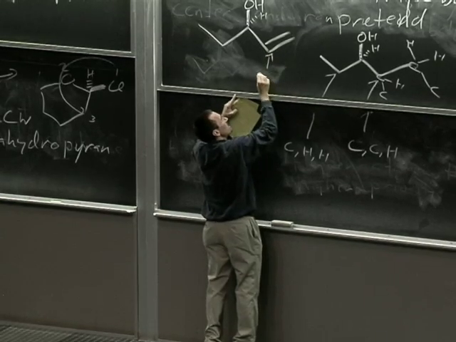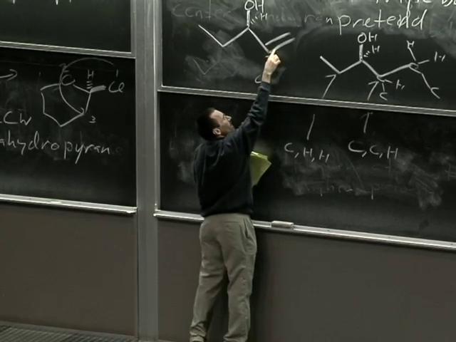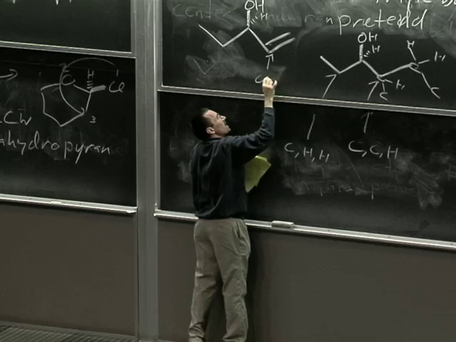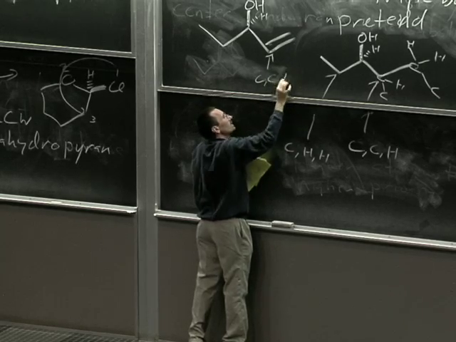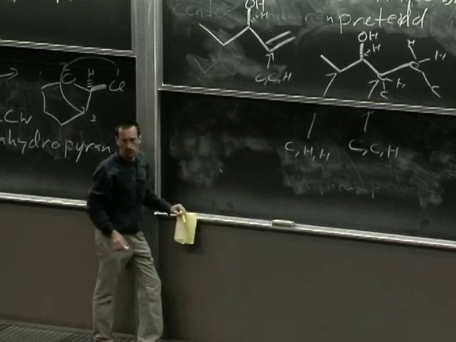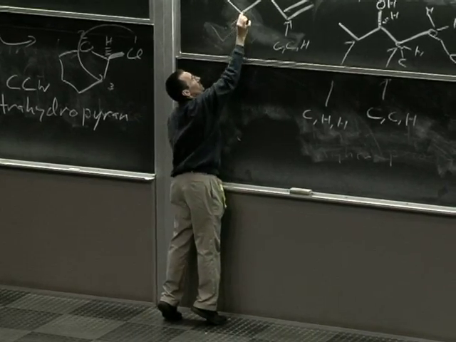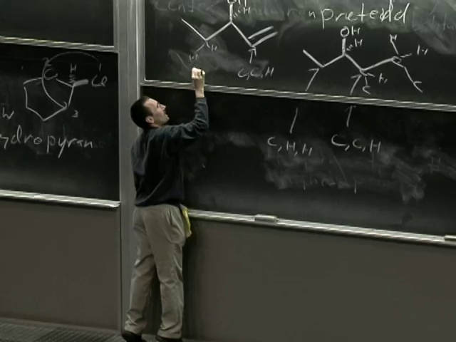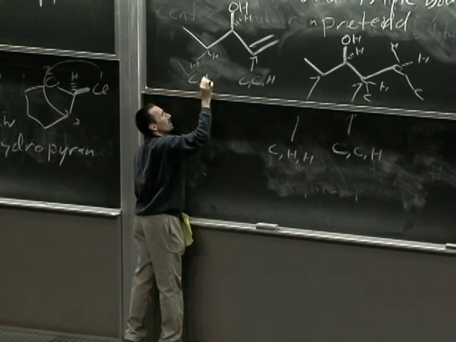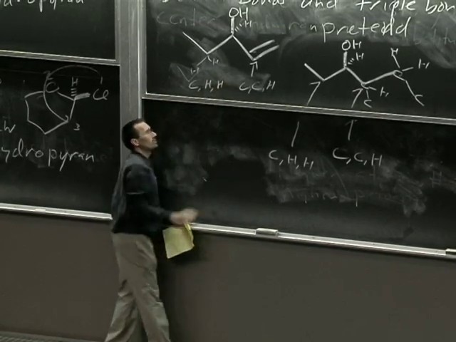So we're going to say that this carbon, since it's got one bond to a carbon and another bond to a carbon, counts as being attached to carbon and hydrogen. This carbon counts as being attached to one carbon and two hydrogens.